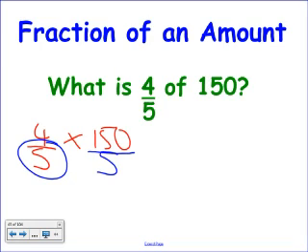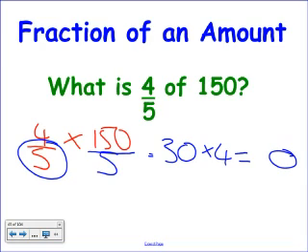So to work out 4/5 of 150, I can create a lot easier sum to do. Because if I divide 150 by 5, what is it? 30, yeah? 5 into 15 goes 3 times, and a 0 after it. I've now got to multiply it by my 4. 30 times 4, deal with your 0 first and get rid of it. What's 3 times 4?